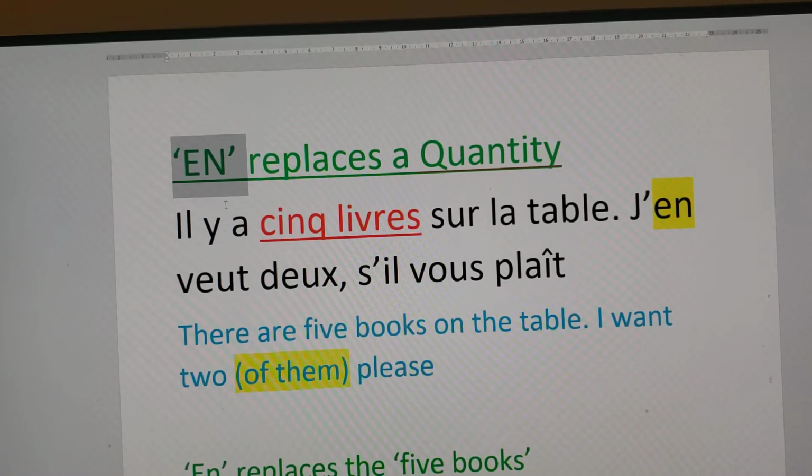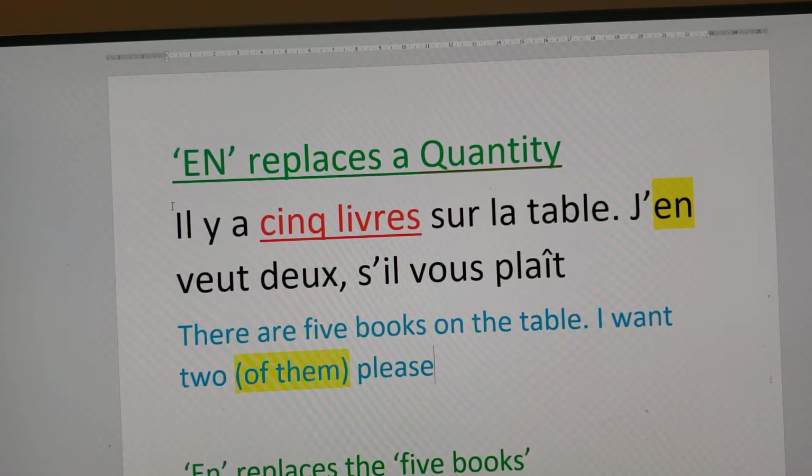So just to give an explanation of why we use the word en and how we use it to interpret the meaning of the sentence. So first, let's look at how the word en replaces a quantity.